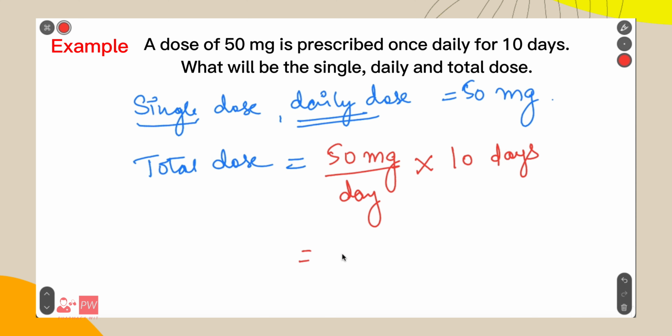So what will be the total dose? It will be 500 mg. Multiply both of them, you will get 500 mg. That is the total amount of the dose which is prescribed.